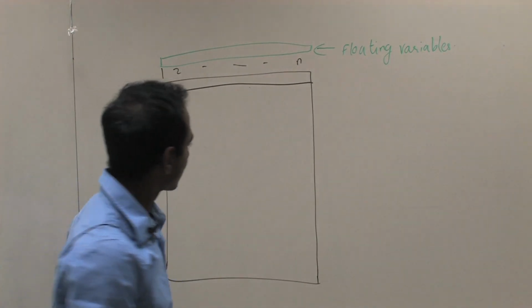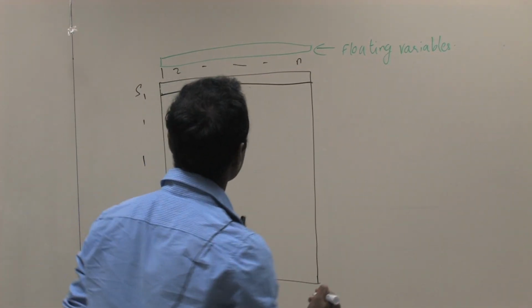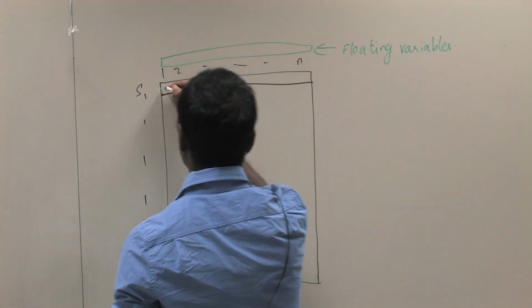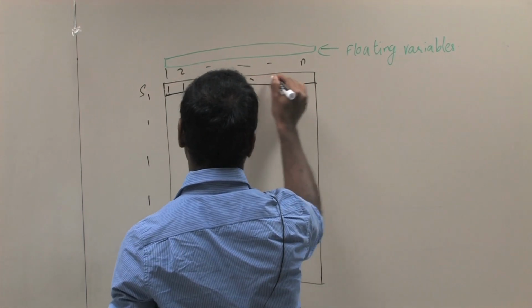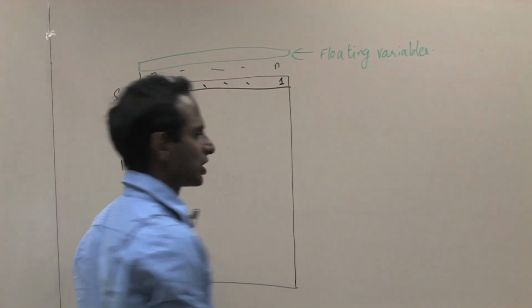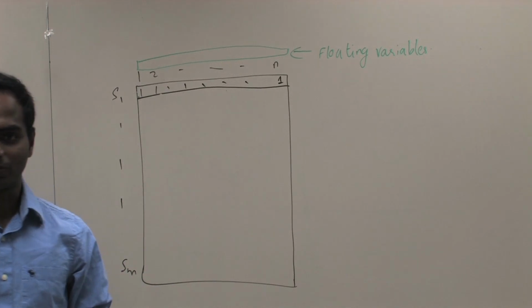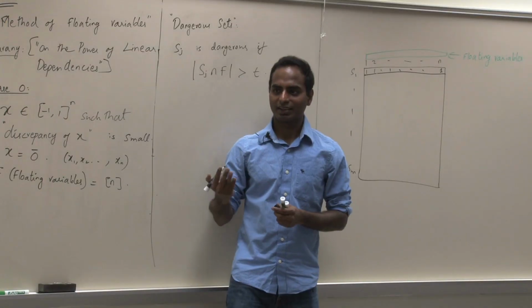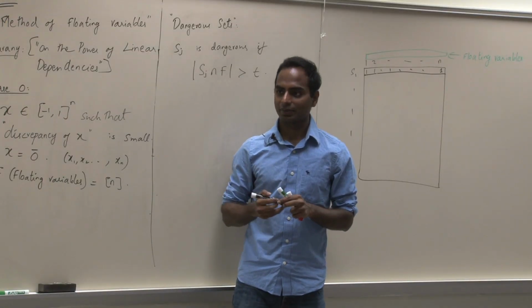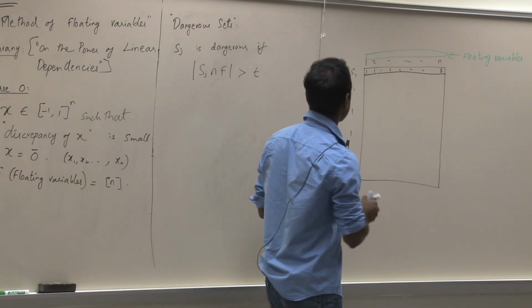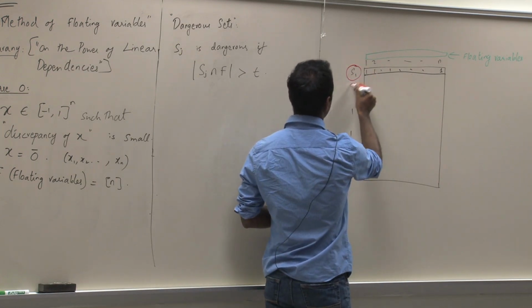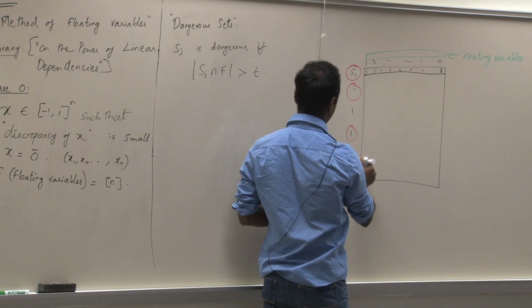Okay, so let's say, for example, if the set was 1, 1, 1 up till 1, then S1 would be dangerous, right? Because the sum of everything is n, and n is much bigger than t, let's say. So it's dangerous. And we'll have some other sets which are dangerous and some are not.